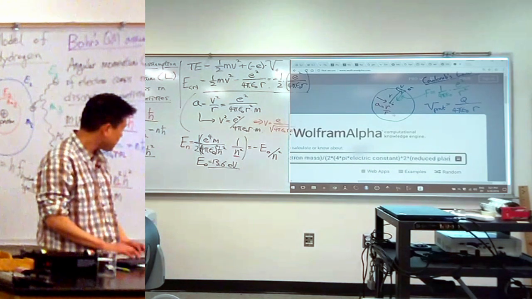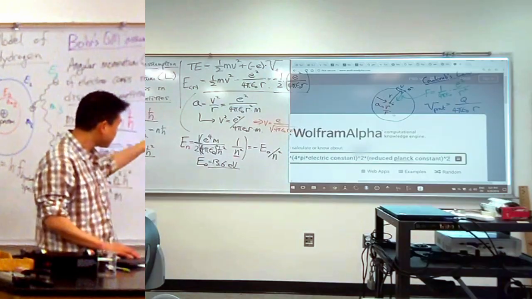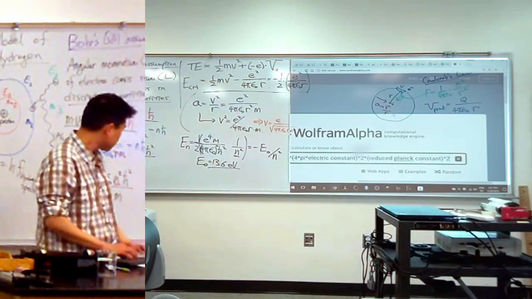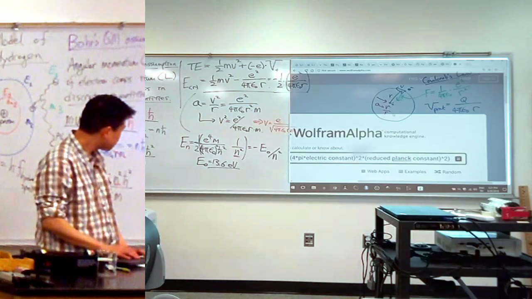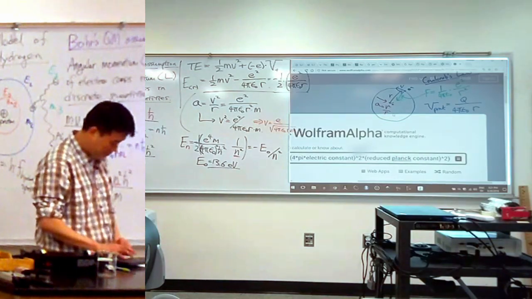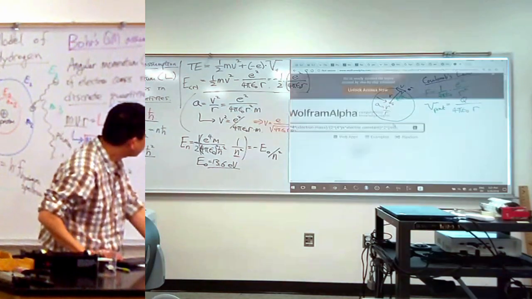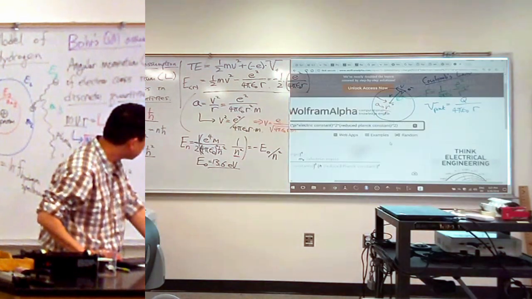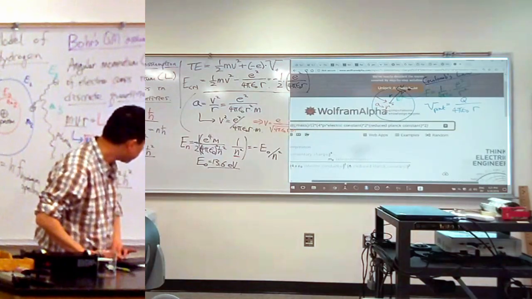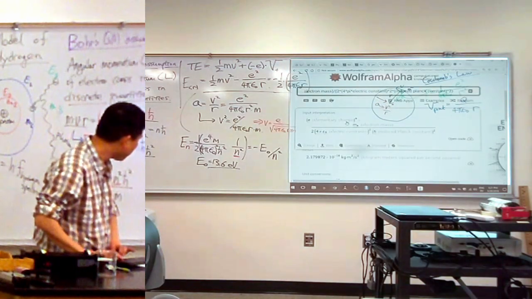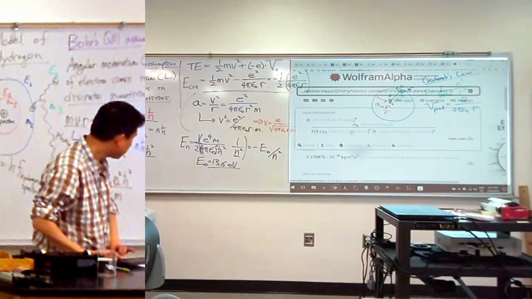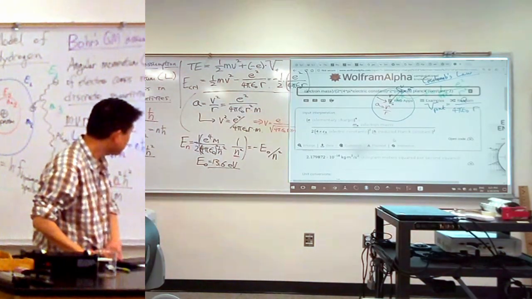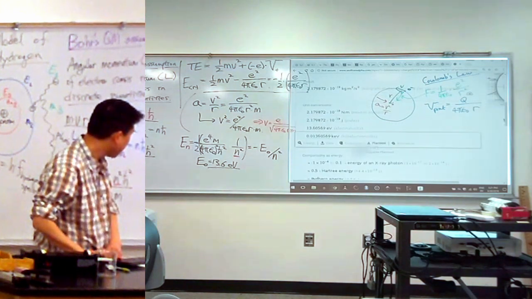Reduced Planck constant squared. I can actually simplify that a little bit, but I chose not to. Is that everything? Guess that is. Let's type enter and just confirm when the screen comes up that it's the correct full expression. So let's see, e to the 4th power times me divided by 2 4 pi epsilon naught squared h bar squared. All right. There it is.